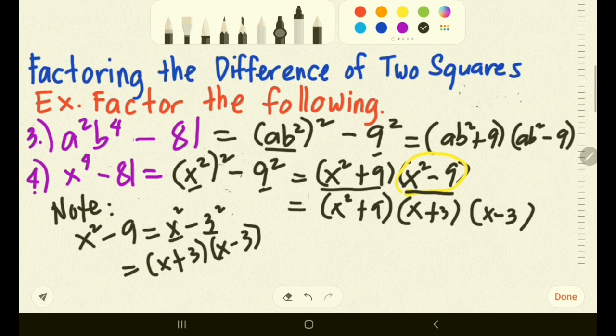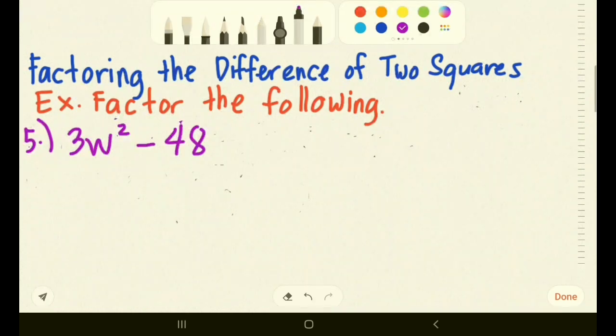As you observe, there are 3 binomial factors for x to the power of 4 minus 81. So you must be careful if a certain binomial or polynomial is still factorable. Let's have a last example for factoring a difference of 2 squares.